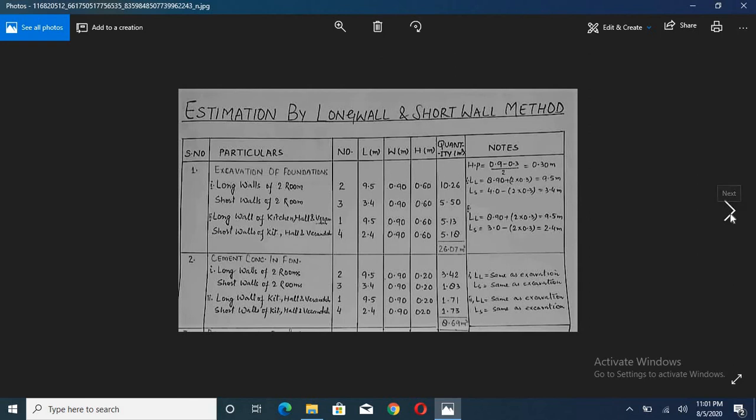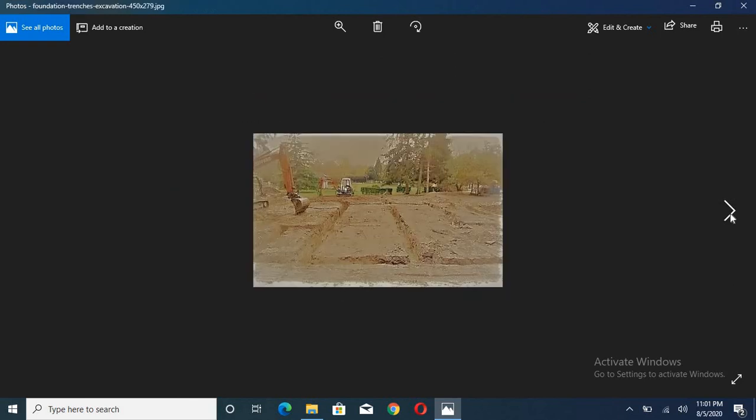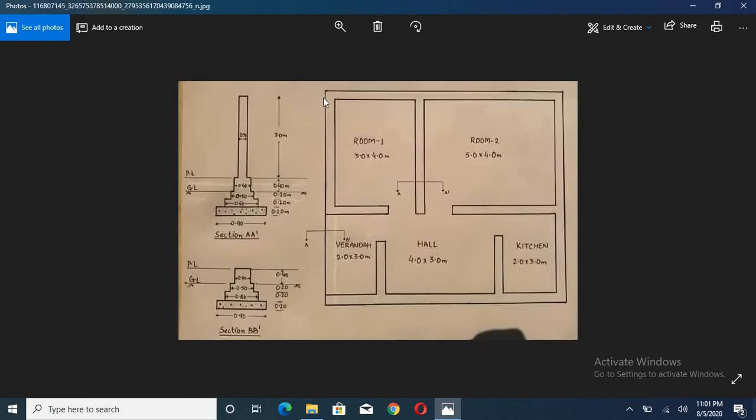Let's go to the plan. These are the short walls for room 1 and 2. This number is 3: 1, 2 and 3. Here I am taking center to center distance, because then we have no confusion, it will be clear, and we just need to deduct.